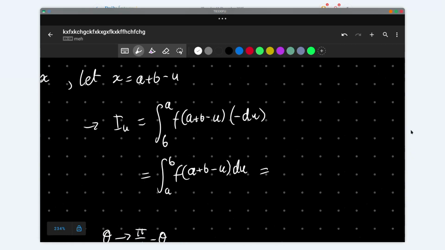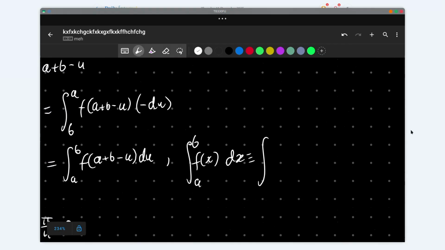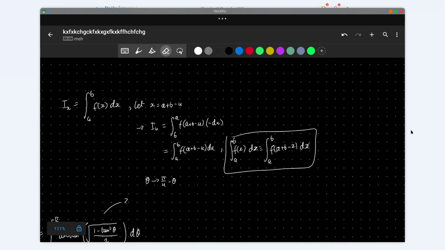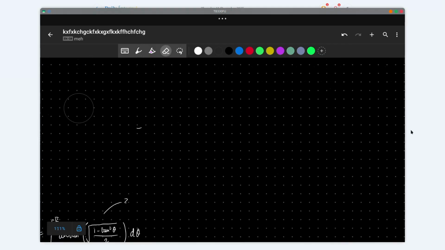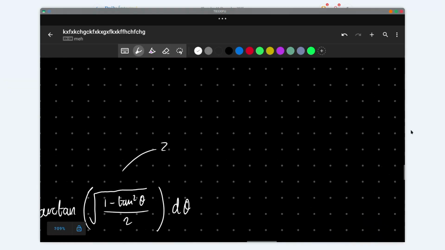Because the integral is the same form, you can just say it equals the integral of f of a plus b minus x dx. So you form this identity, which is very useful, often called the King's property. I used it when practicing for STEP. It's very cool.